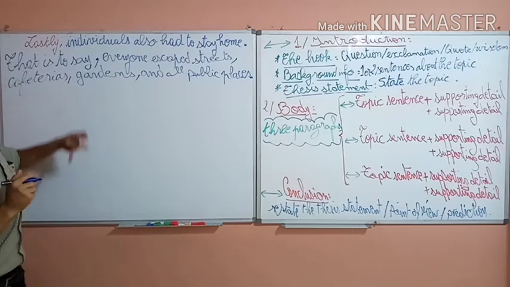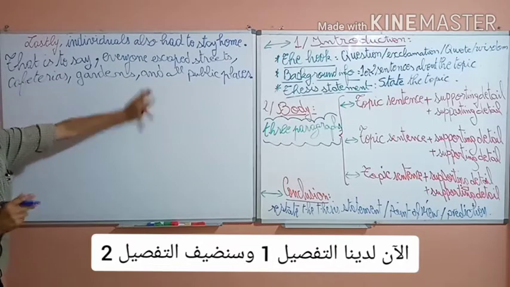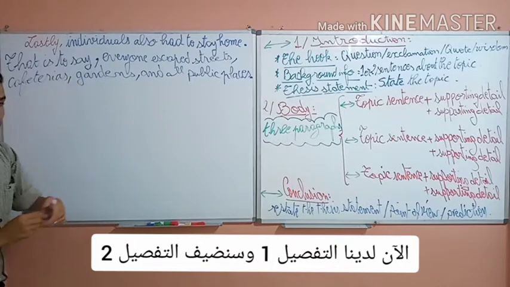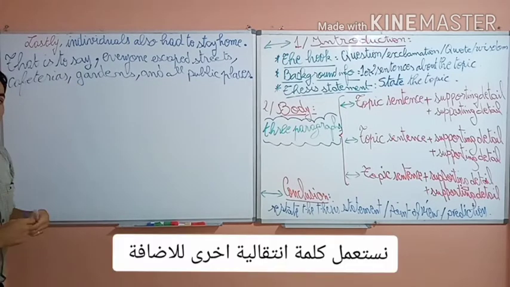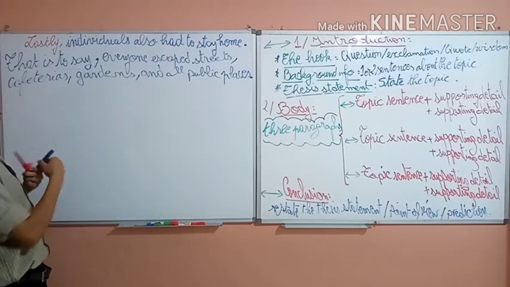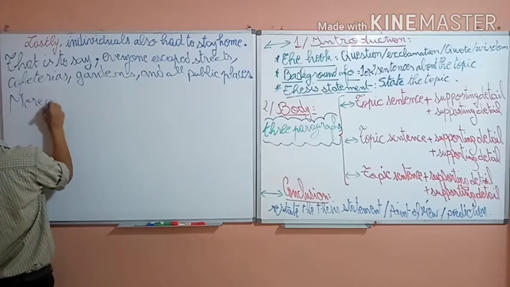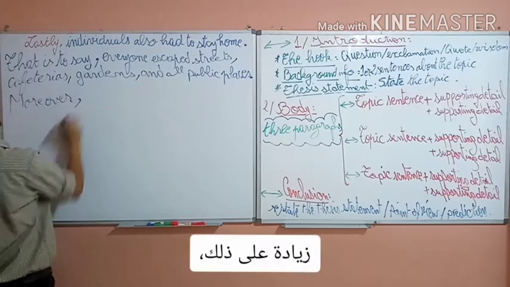Okay, so now we have supporting detail number 1, so we add another supporting detail. We use another transition for reinforcement. After the full stop we write a capital letter, we say moreover, comma.